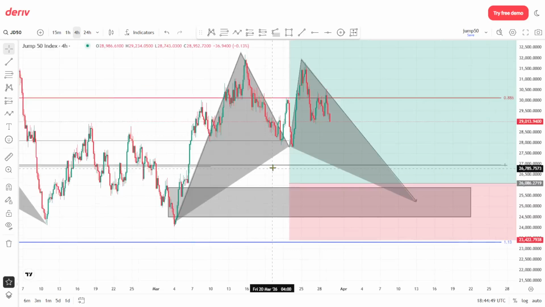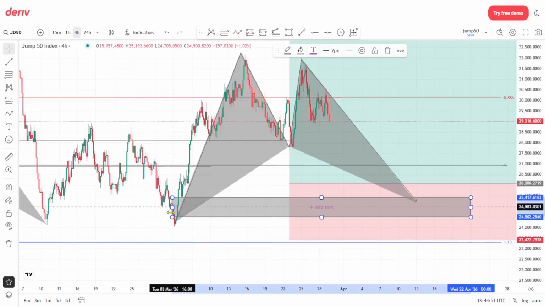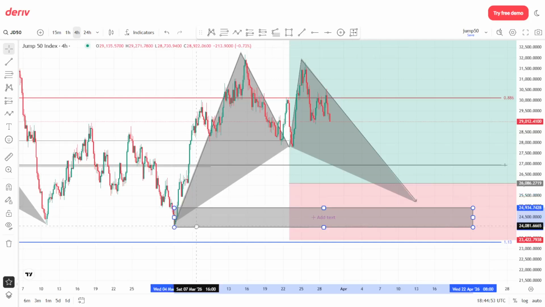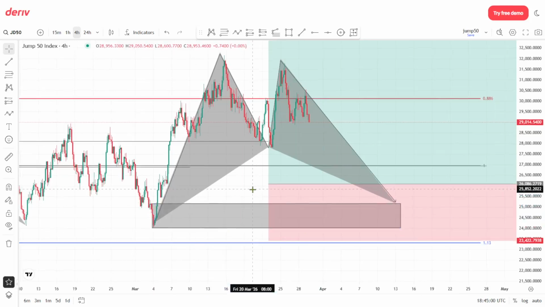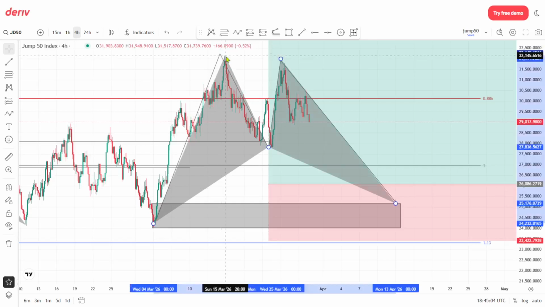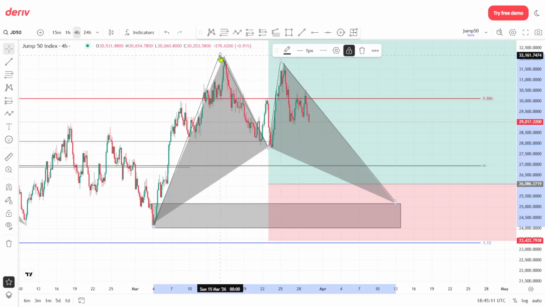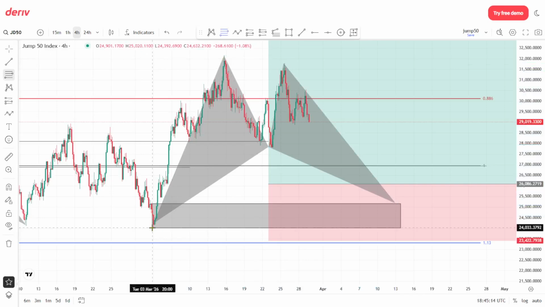This is what I'm seeing. First of all, I told you guys that a key level is the magnet. I have a magnet here, and that magnet is a key level, and inside that key level there is a valid harmonic pattern that aligns perfectly with it.